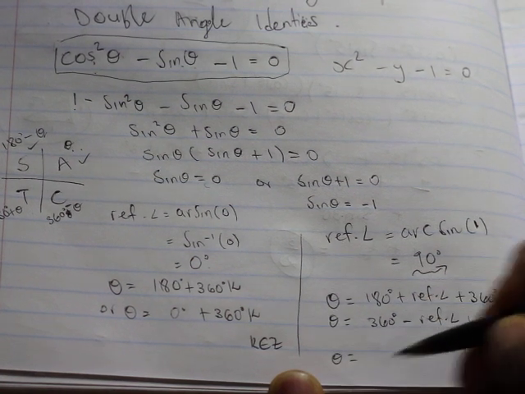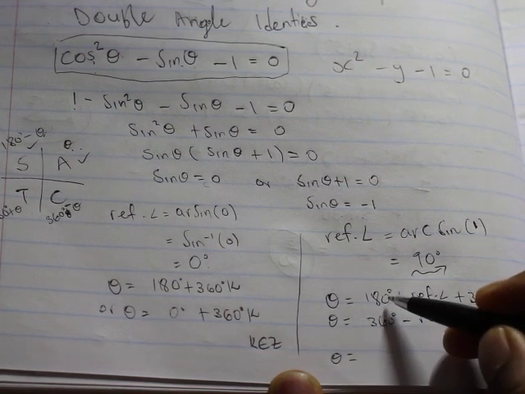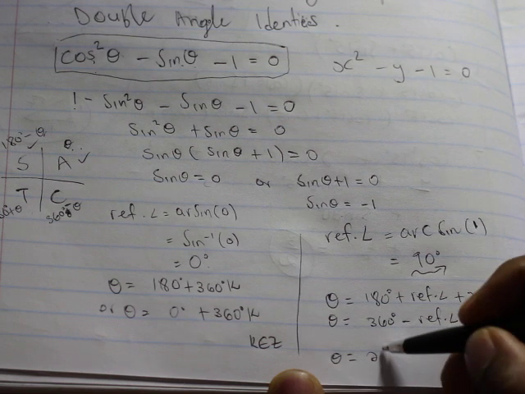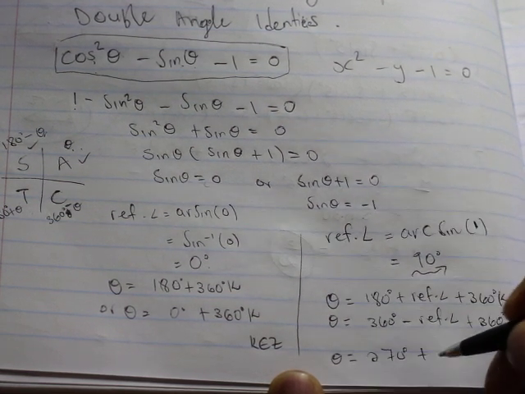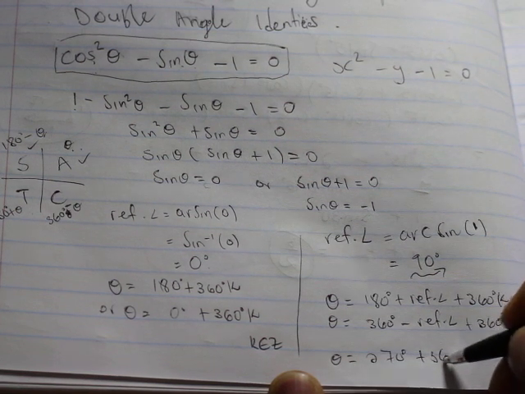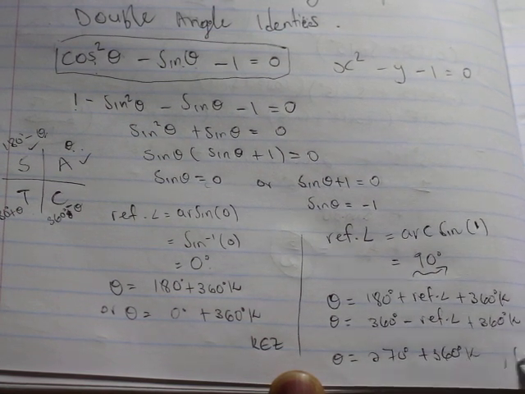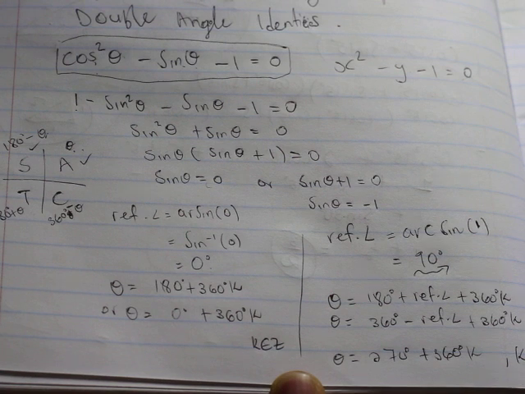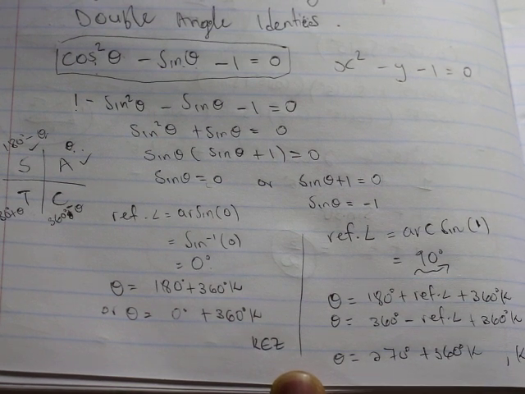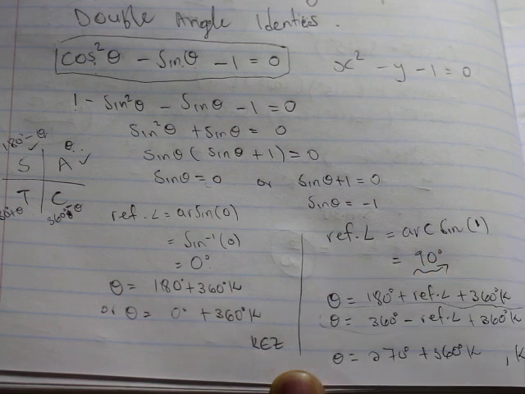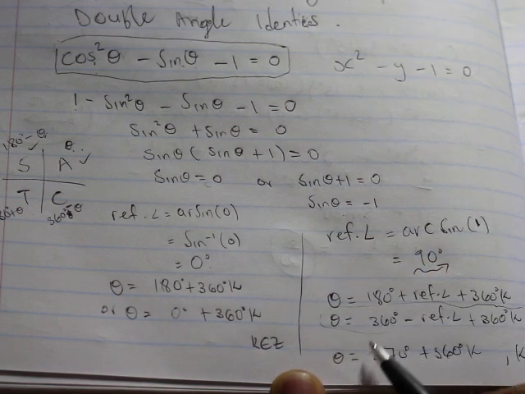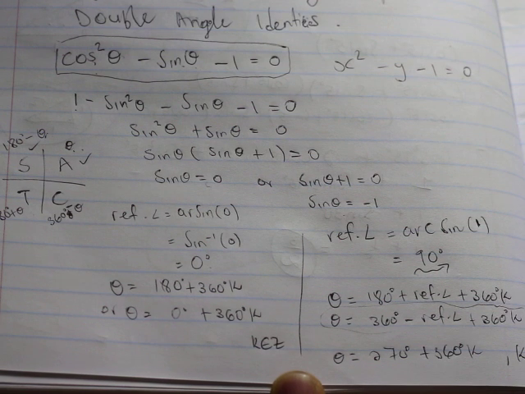So theta is going to be equal to, when you add 90 to 180, 270 degrees plus 360 degrees k, where k is an element of z. K is an integer. So even if we go to this one, it's still going to give us 270. So we're just going to leave it as it is, because it's just repeating itself.